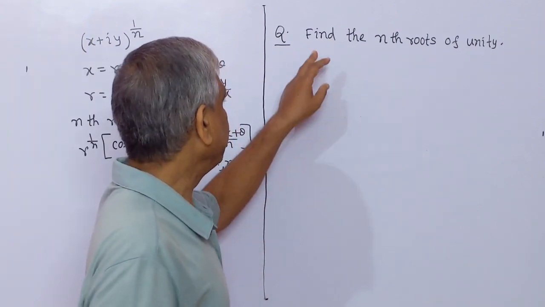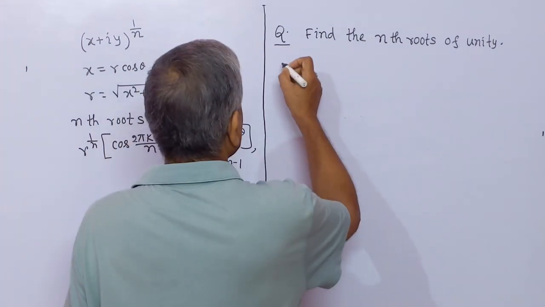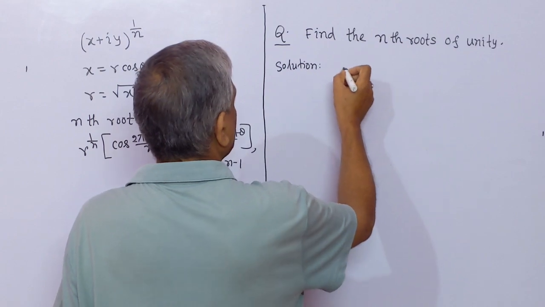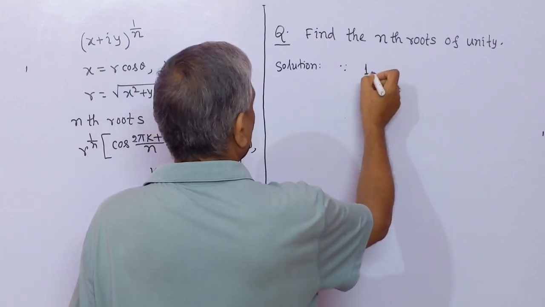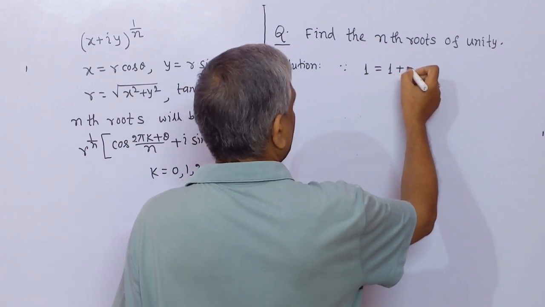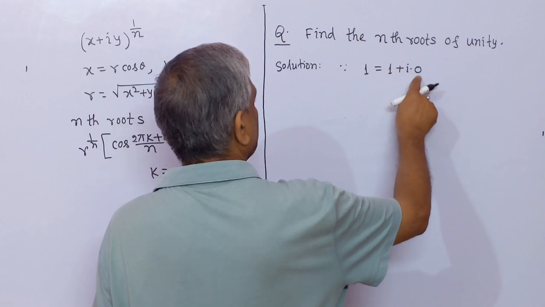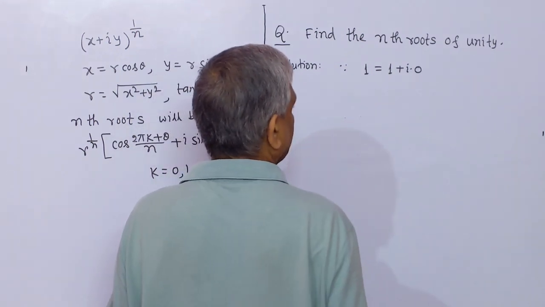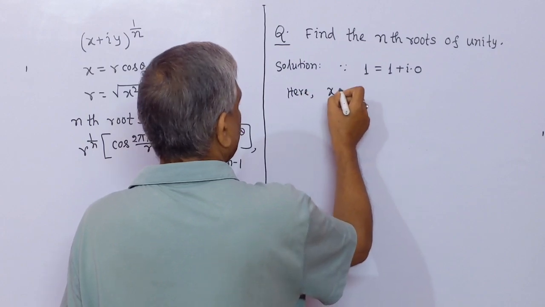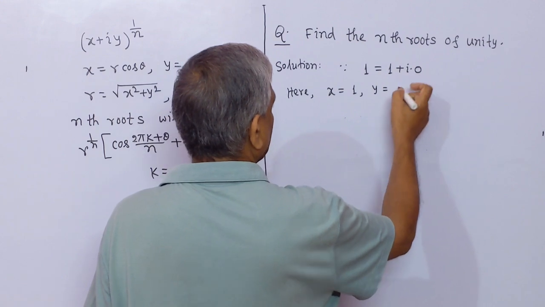Now we solve a question. Find the nth roots of unity. Solution. Since 1 equals 1 plus i into 0, here x equal to 1, y equal to 0.